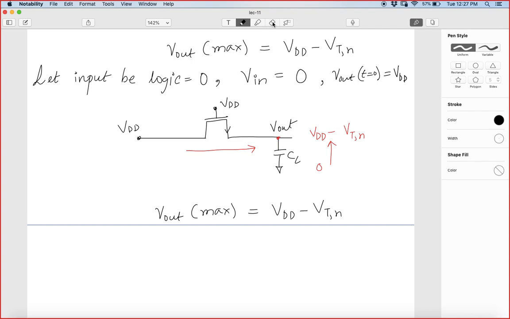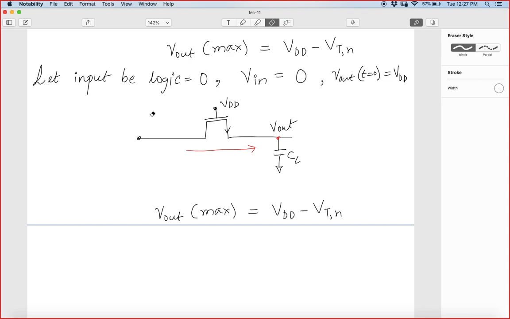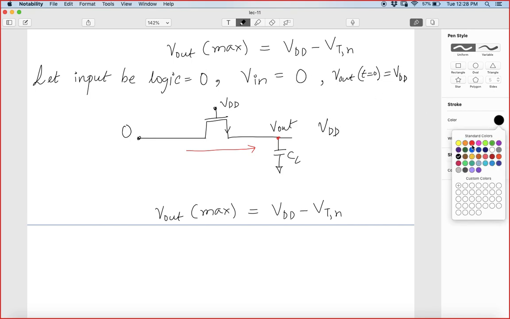Suppose V out is at VDD, and the input is at zero potential. Initially it was at VDD.